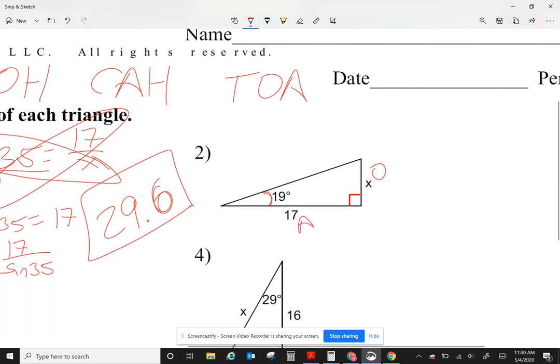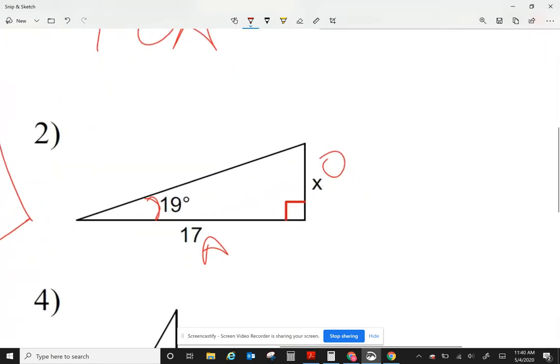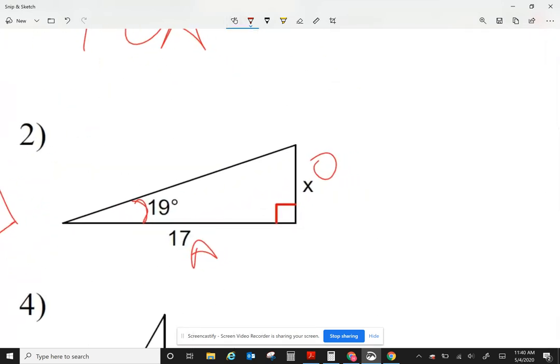Let me remember SOH CAH TOA. And I'm asking sine, cosine, or tangent. One of them has O and A. In this case, I'm going to be using tangent. So let me write this as tangent of 19 is equal to x over 17.